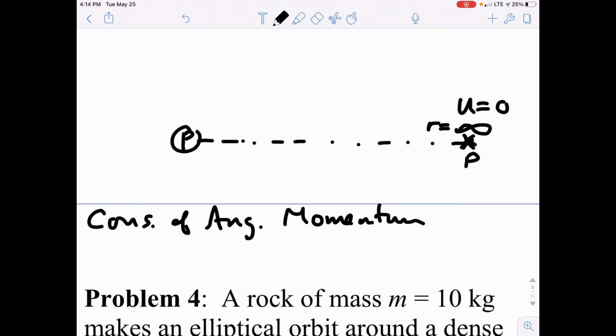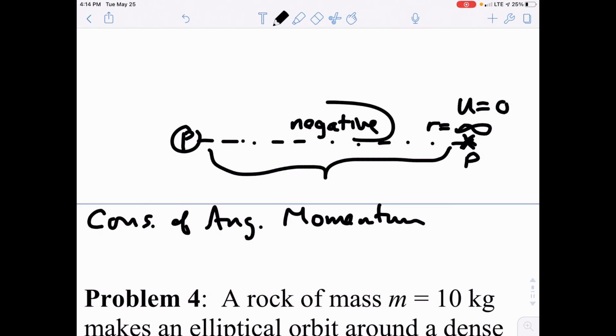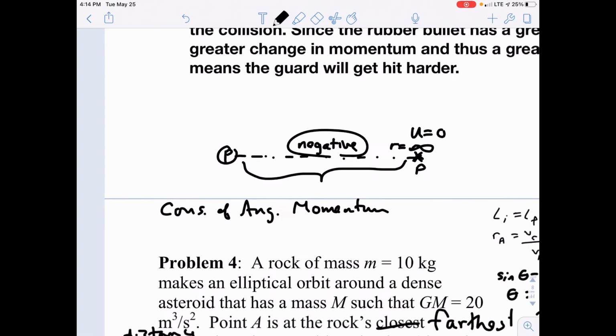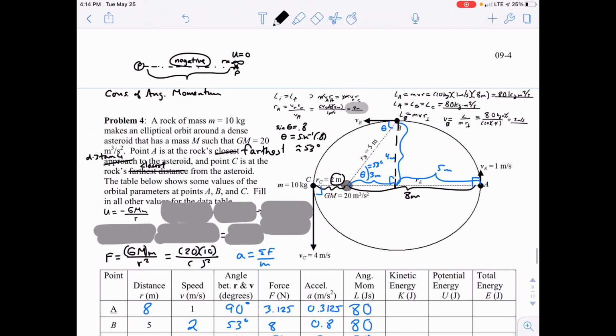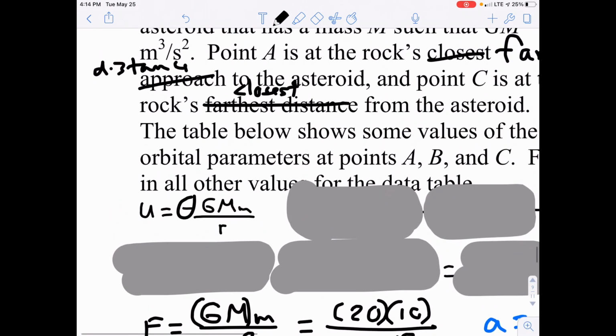So if the potential energy is 0 an infinite distance away, that means the potential energy at any distance closer would be less than 0, or negative. Kind of an abstract concept, I know, but the negative applies in the equation right there.